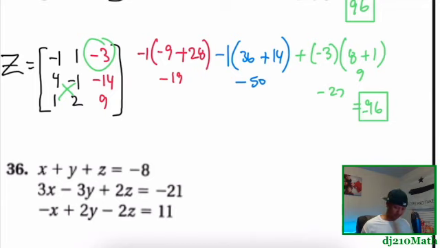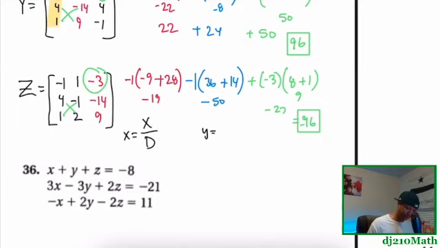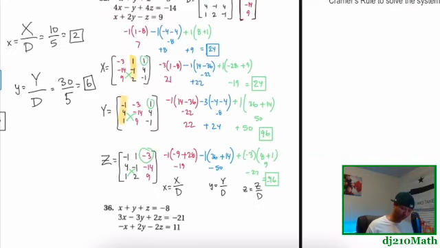Okay, solving for x, y, and z. So little x is equal to big X over D. Little y, big Y over D. And little z, big Z over D. So D was what? 24. So this is going to be 24 over 24, which is 1.